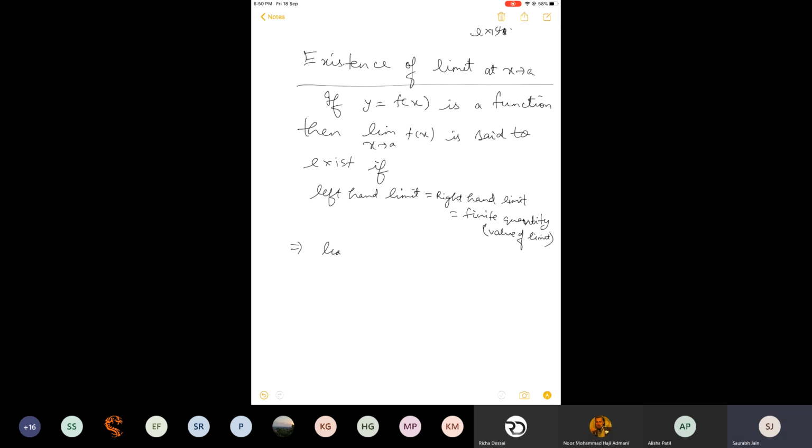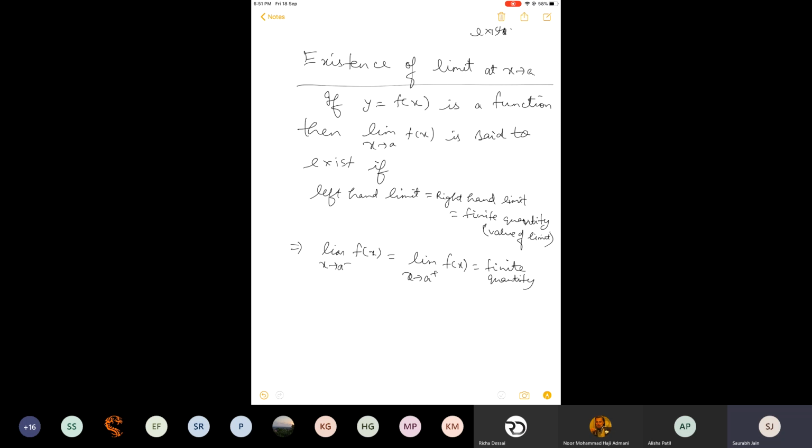Mathematically, this can be written as: if we are to the left of some number, then we are at a position where x is less than a. Left side means, just like for 2 we were writing 1.9, 1.99. So to the left of 2 the numbers are less than 2. So, a minus, is equal to the right of that, numbers will be greater than that particular number, is equal to finite quantity.